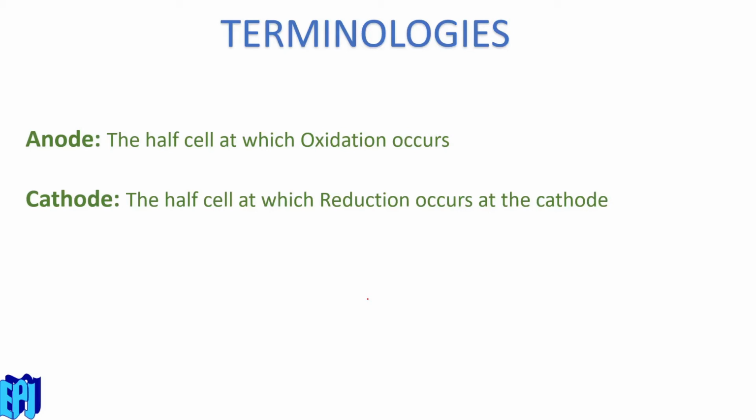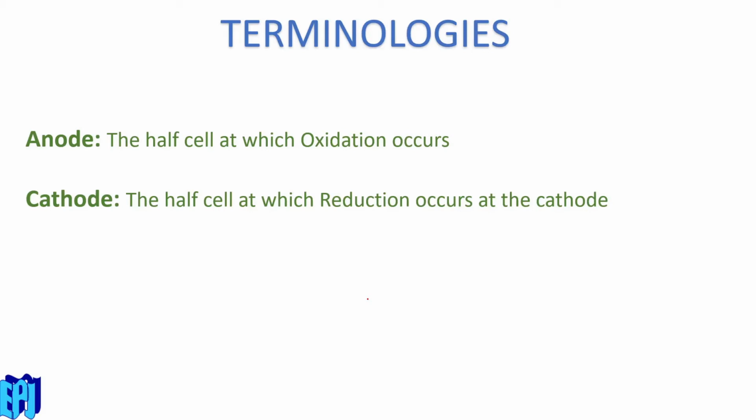anode and cathode. I think that for most of the slides or most of the topics, the main basics are these two terms, anode and cathode. Without introduction, you know what they are.